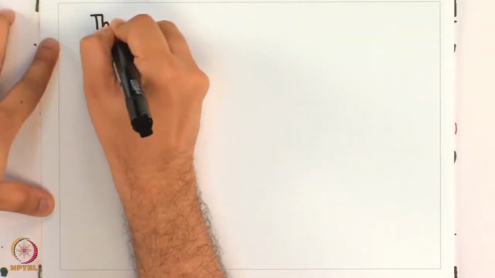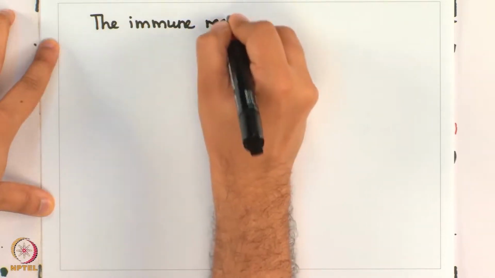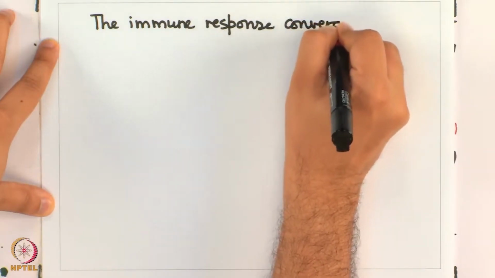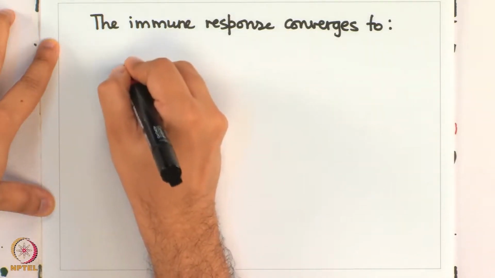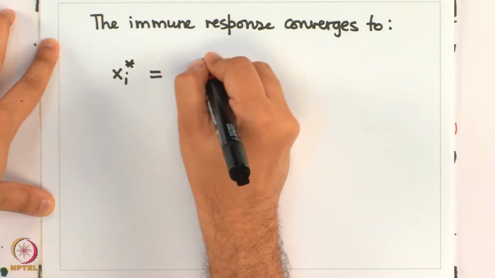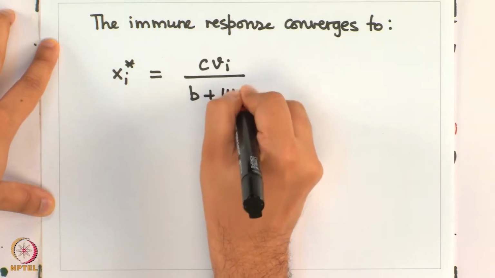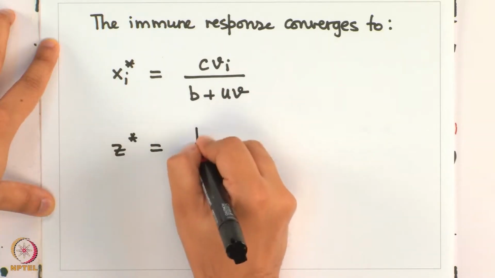So if we solve these equations for steady state, what we would get is that the immune response converges to this value, the specific viral load associated with a strain converges to this value, and the general immune response, which is non-strain specific, converges to this.